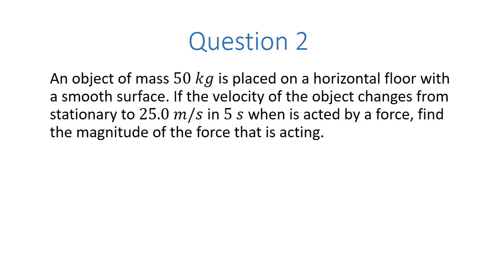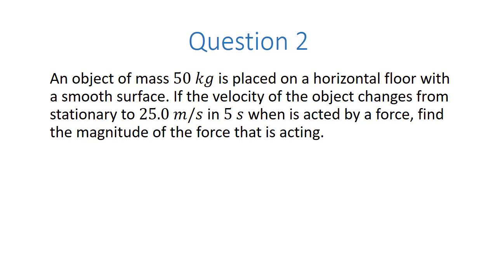So the object changes from 0 meter per second to 25 meter per second in how many seconds? In 5 seconds. So from there, we already know the initial velocity, which is 0 meter per second, the final velocity, which is 25 meter per second, and also the time taken, which is 5 seconds, and is acted by a force.